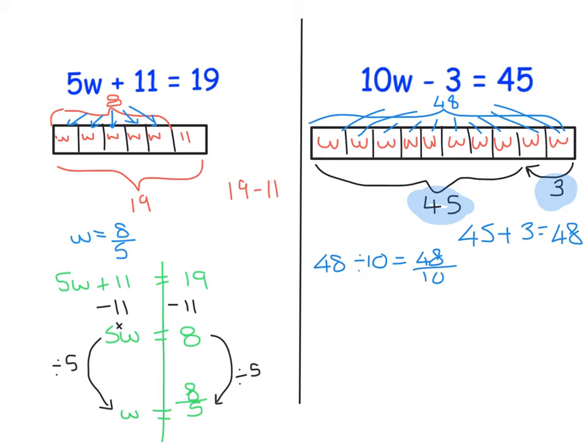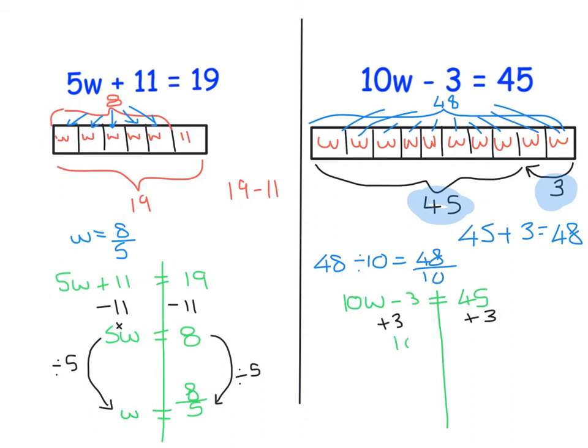Again, I'm going to have a look at how we would have done that using balance method. So I'm starting off with 10w minus 3 is equal to 45. And the first thing that we did was we added 3, and that's because we're using our inverse operations, adding 3.